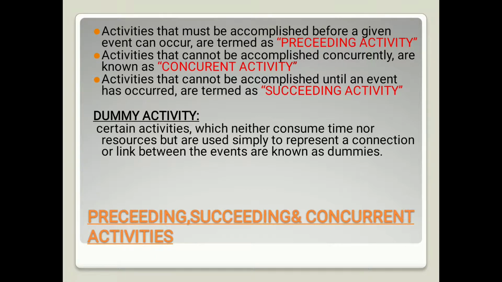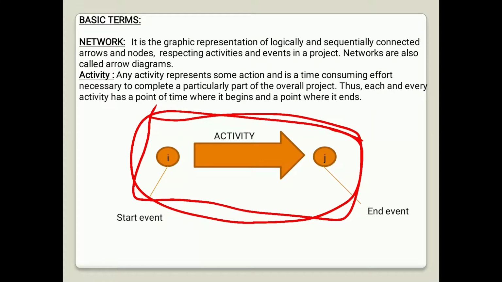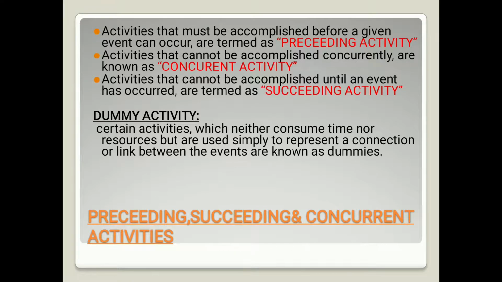Here, preceding activity, in this diagram, means an activity, which is the process. If an activity has already happened before this activity occurs, we call it a preceding activity. In the same way, if an activity occurs after an event, that is, another activity happens after one activity is completed, we call it a succeeding activity. Let's see the definitions of preceding activity and succeeding activity.